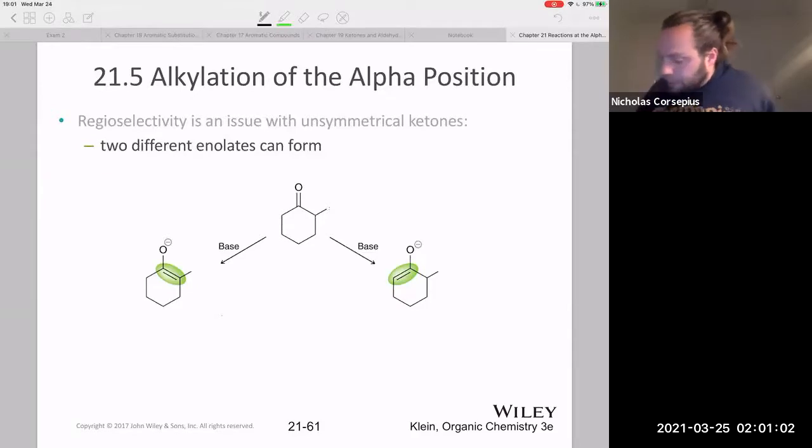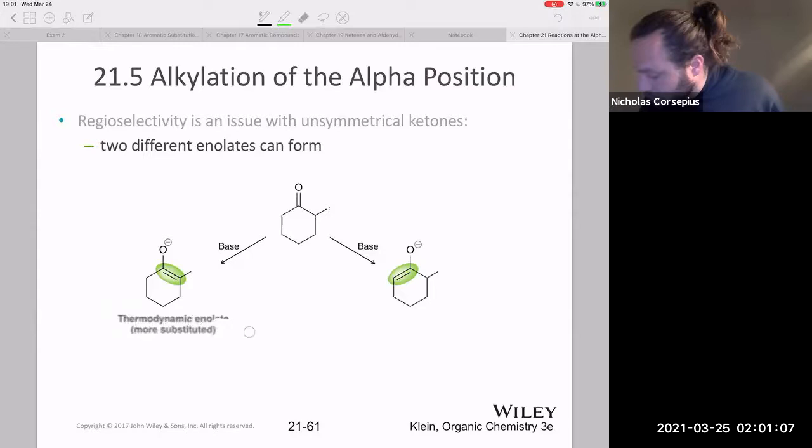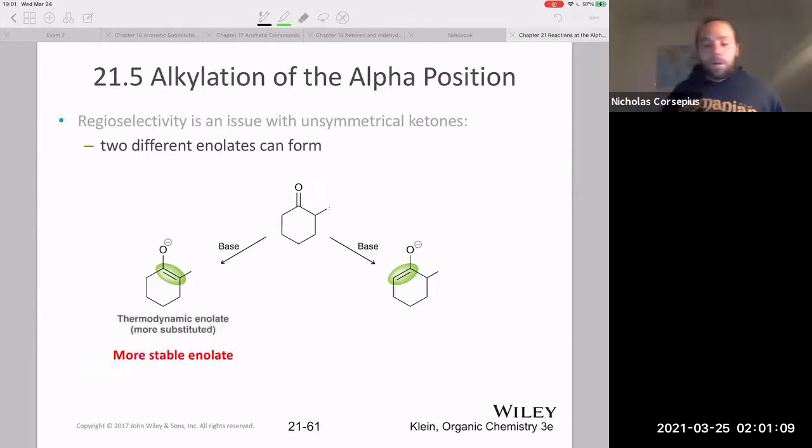So this illustrates what's going to be the crux of the regioselectivity of this kind of reaction. Here you have the more stable, more substituted enolate ion, right? So this is going to be the thermodynamically favored one because it's just more stable, just like our normal rule for alkenes. The more highly substituted they are, the more stable they are, right? So this is the more stable enolate ion.